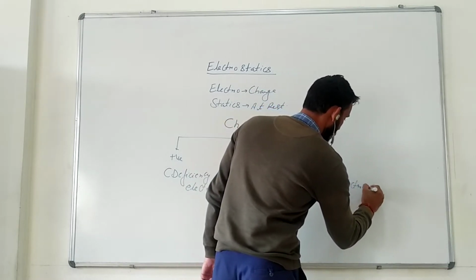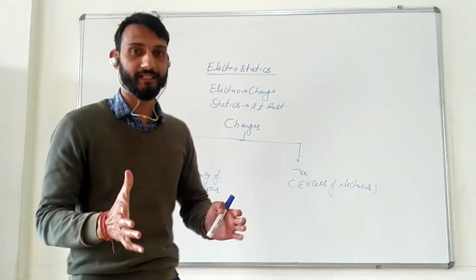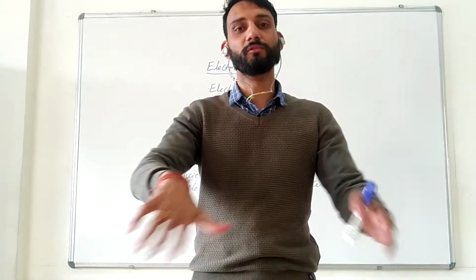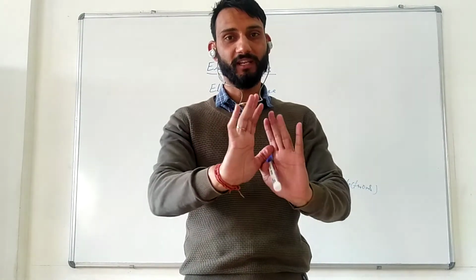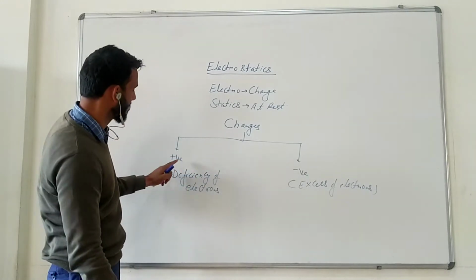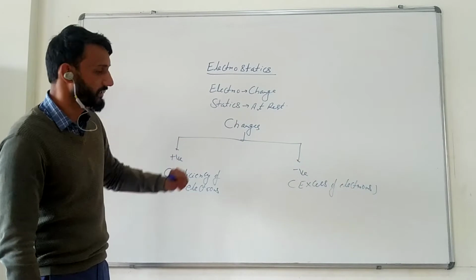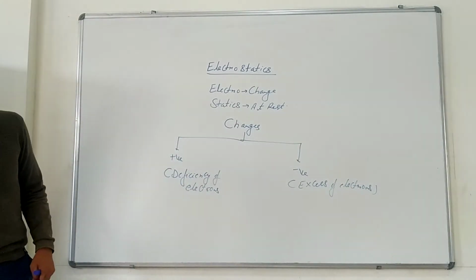We talk in terms of electrons because electrons are the particles which are free to move. They are outside the nucleus and free to move. So positive charge, deficiency of electrons; negative charge, excess of electrons. These are the two types of charges.